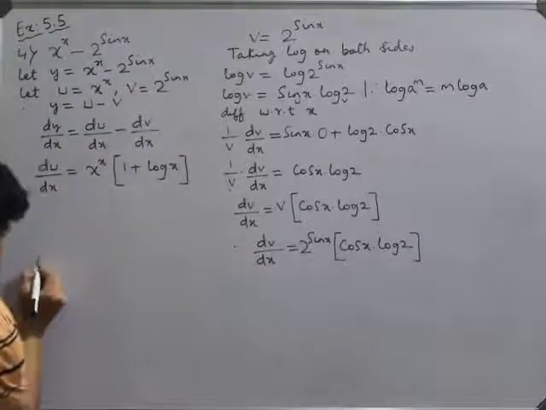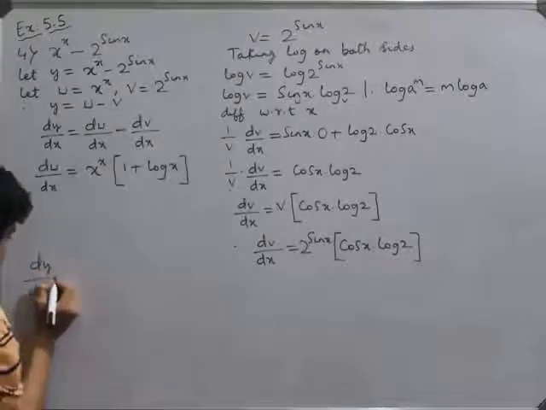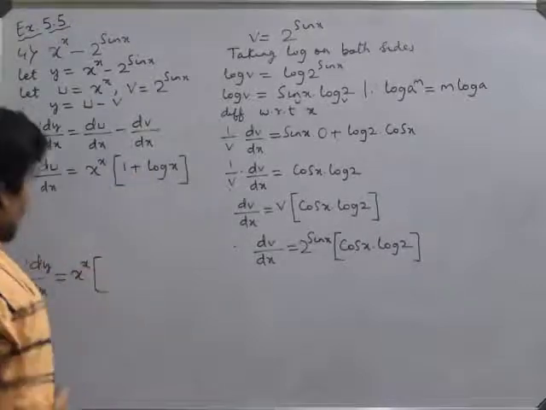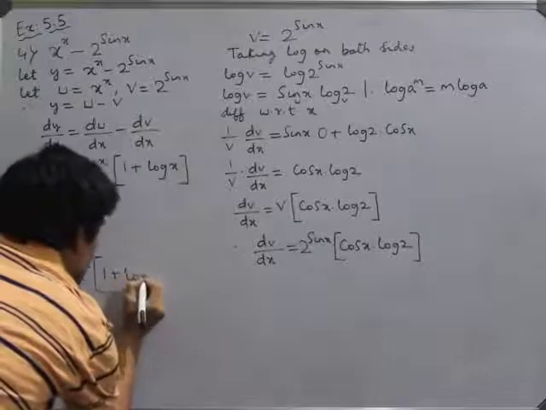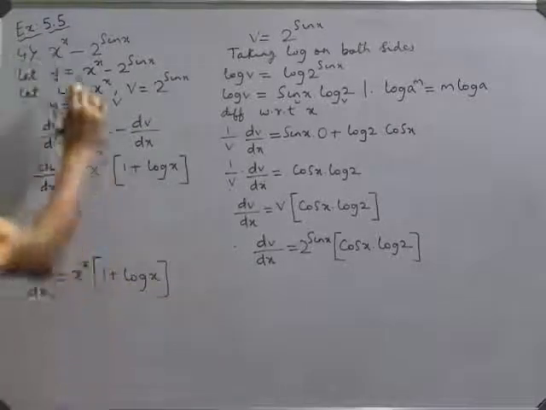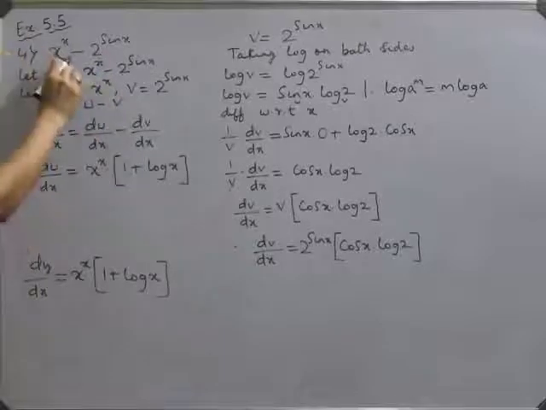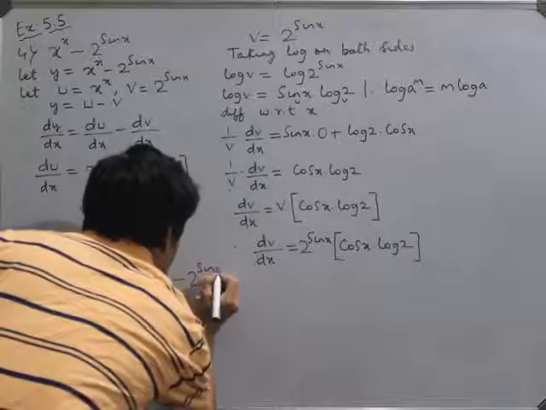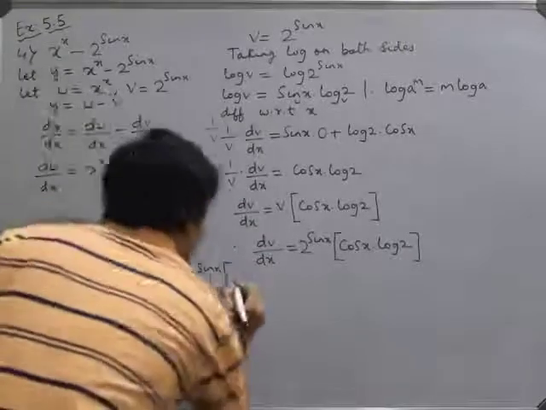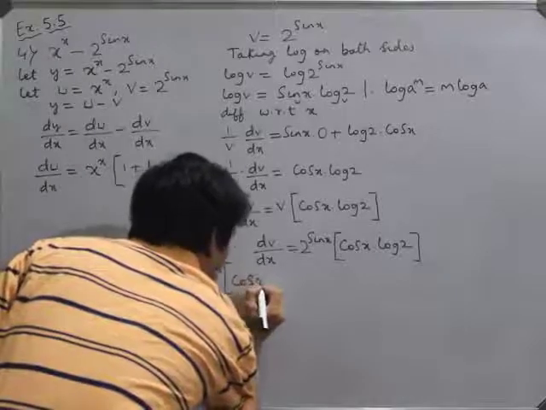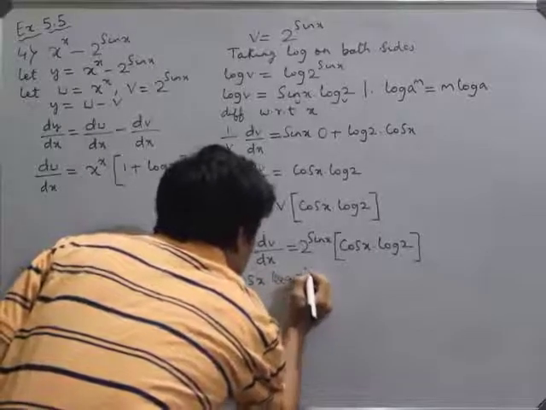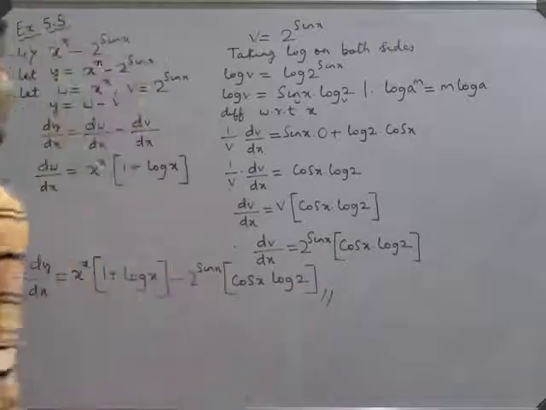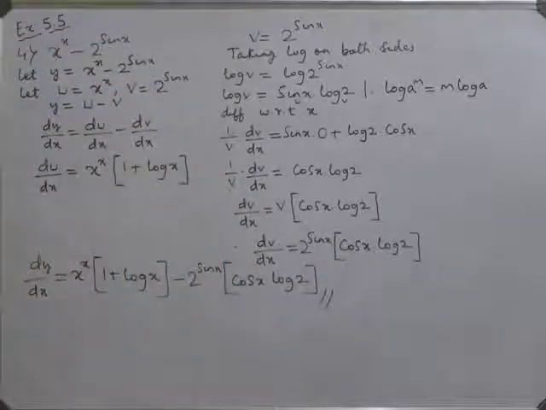So you can write the answer, dy by dx is equal to, write this term first, x to the power of x into 1 plus log x minus, here the minus sign is given in your problem, so write minus this term, 2 to the power of sin x into cos x into log 2. Okay, here it is. This is your final answer. This is how you have to differentiate. This is how you have to solve problem number 4.